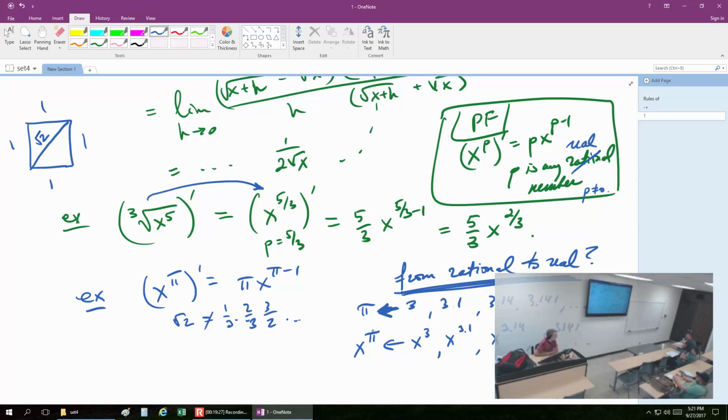Once we do that, we need to justify that each of these is subject to the power rule, and then we conclude eventually that we can justify the same formula for the irrational powers as well. So any real number can be the power, including pi, and they all satisfy the same formula, the power formula.